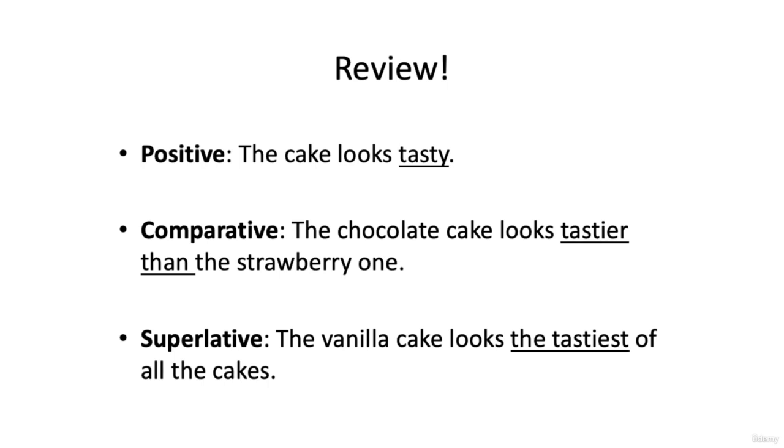For example, the chocolate cake looks tastier than the strawberry one. Finally, superlatives compare 3 or more nouns to one another. The vanilla cake looks the tastiest of the cakes.